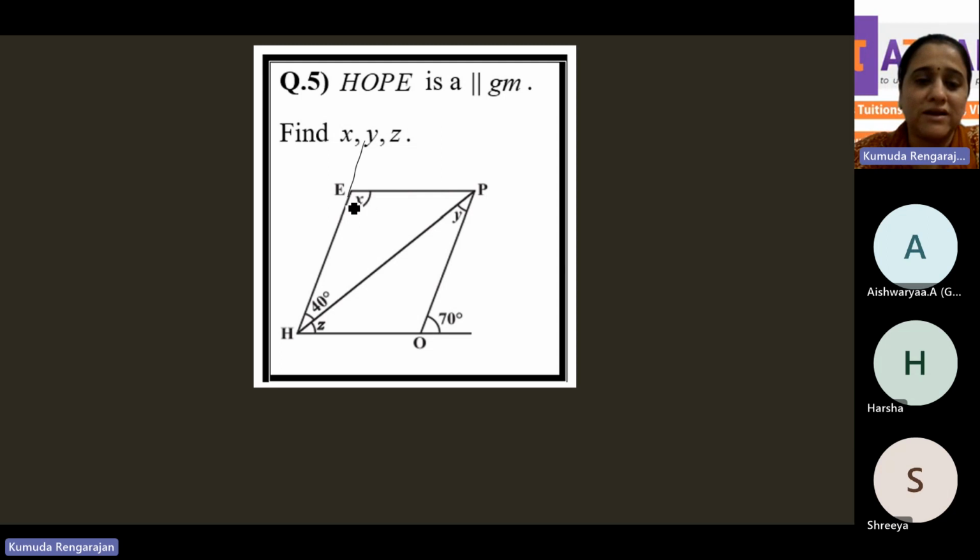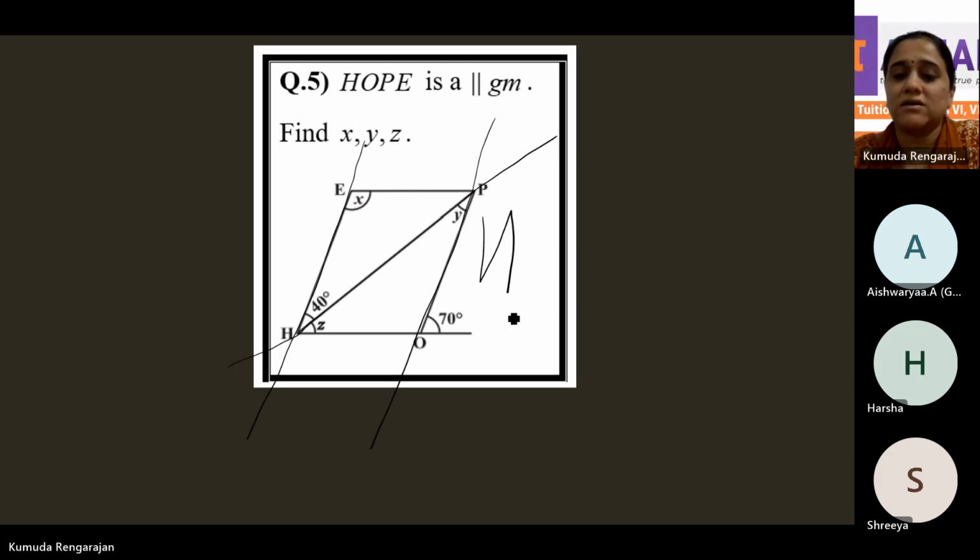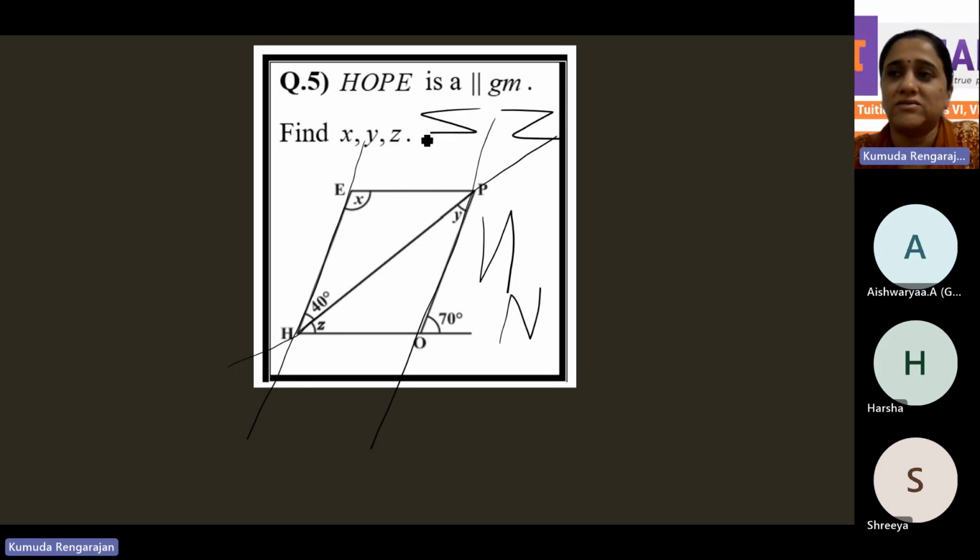See here, parallel lines, and this is the transversal. Alternate angles are always hidden in this shape, like a Z, or an N like this. I can trace that for you.